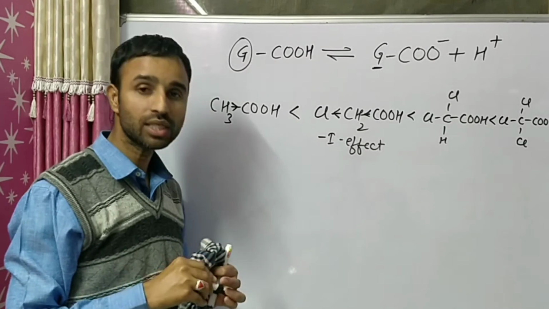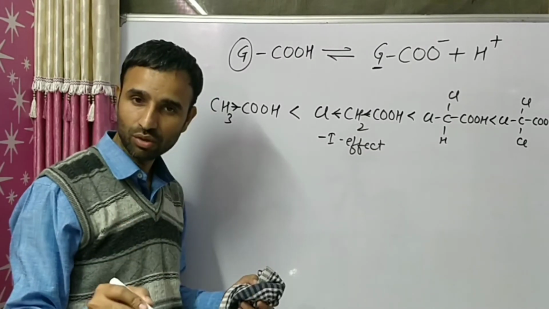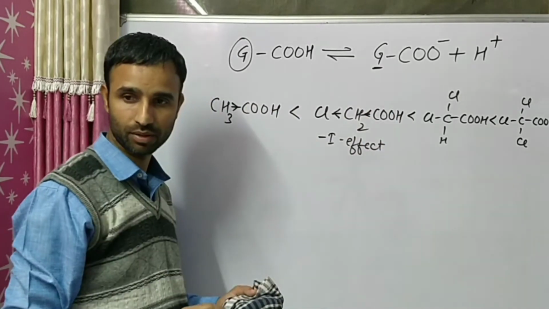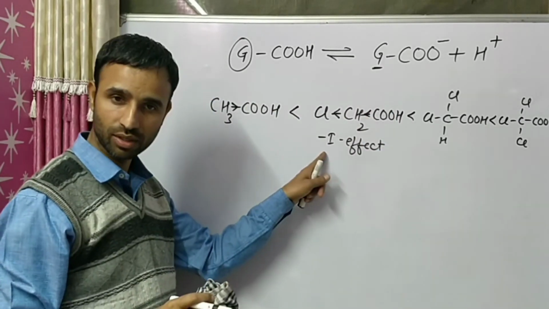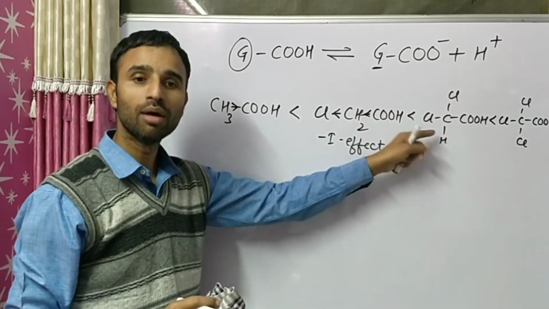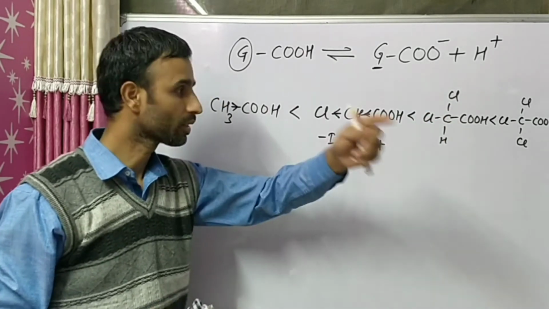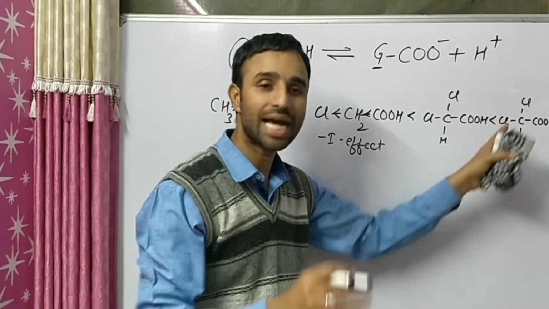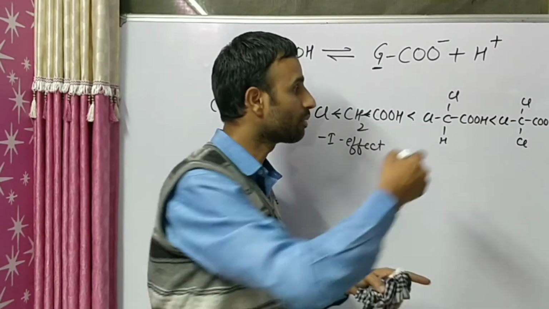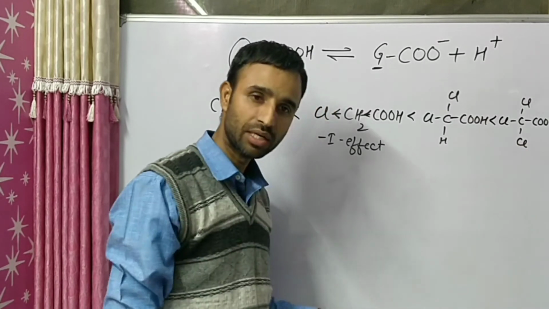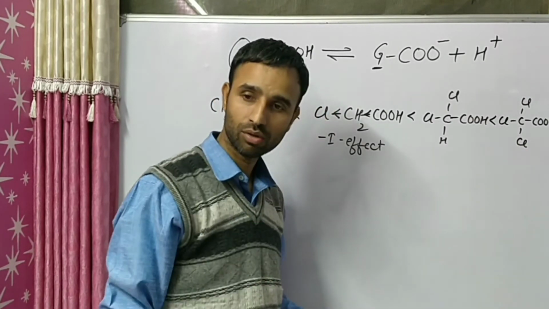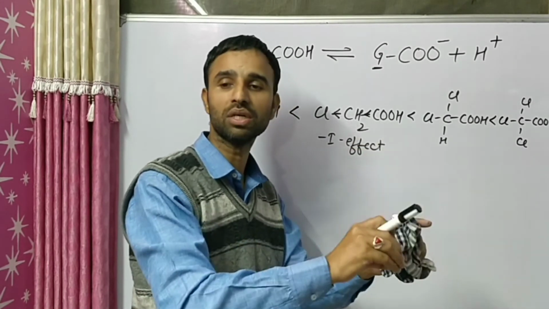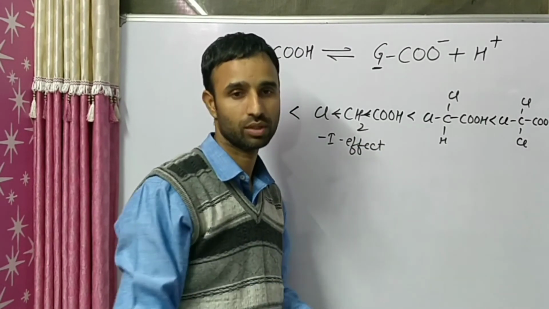So the second point is inductive effect increases with the increase in number of groups. Chlorine has minus I effect. If two chlorine atoms are there, minus I effect is more. Three chlorine, further. Clear? So that means it is added up. As the number of withdrawing groups increases, minus I effect increases.